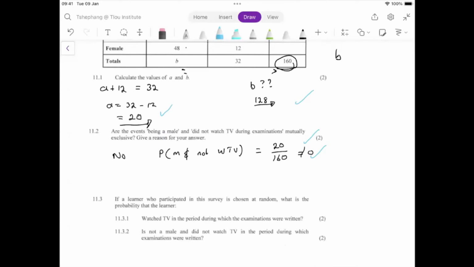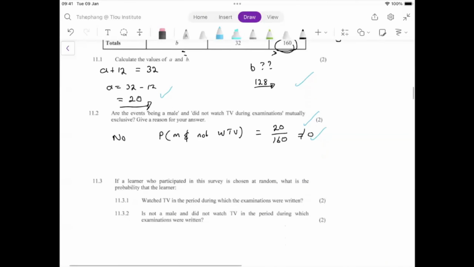Let's look at 11.3.1. If a learner who participated in this survey is chosen at random, what is the probability that the learner watched TV in the period during which the examinations were written? This learner, chosen at random, did watch TV in the period during which the exams were written.